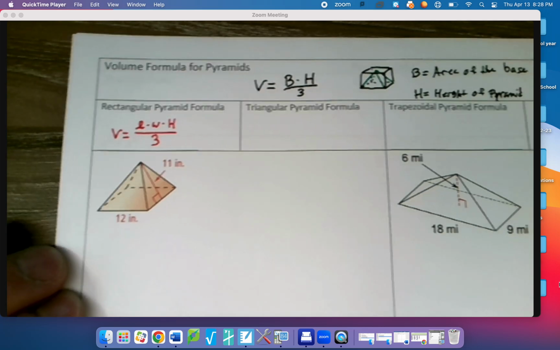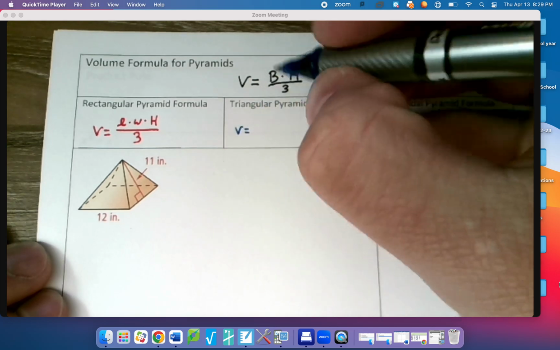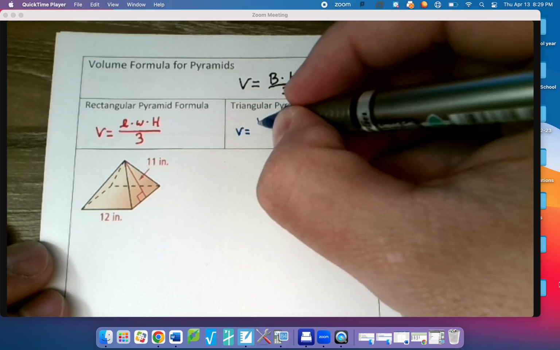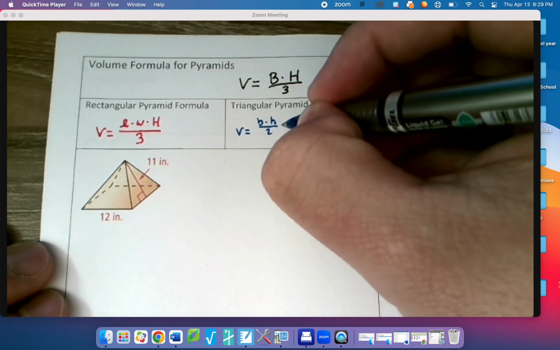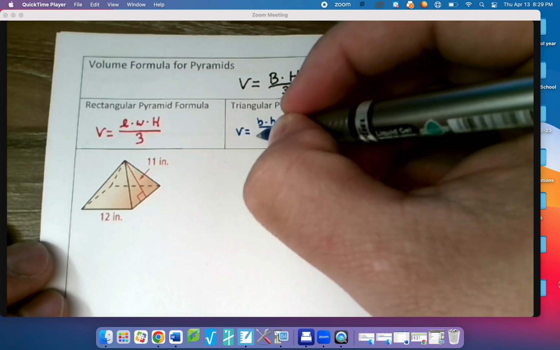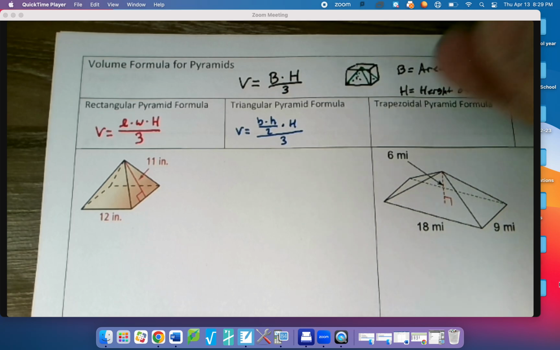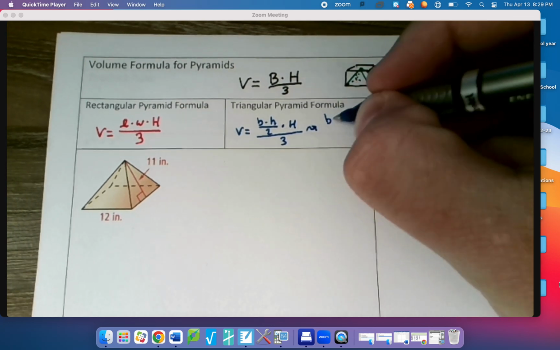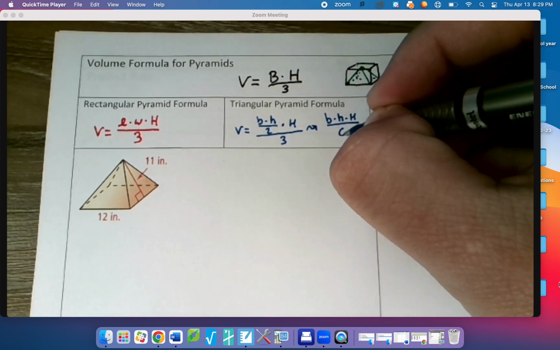A triangular pyramid is area of the base, which is base times height divided by 2, times the big height, all divided by 3. Now that crazy formula really can be written base times height times big height, all divided by 6.